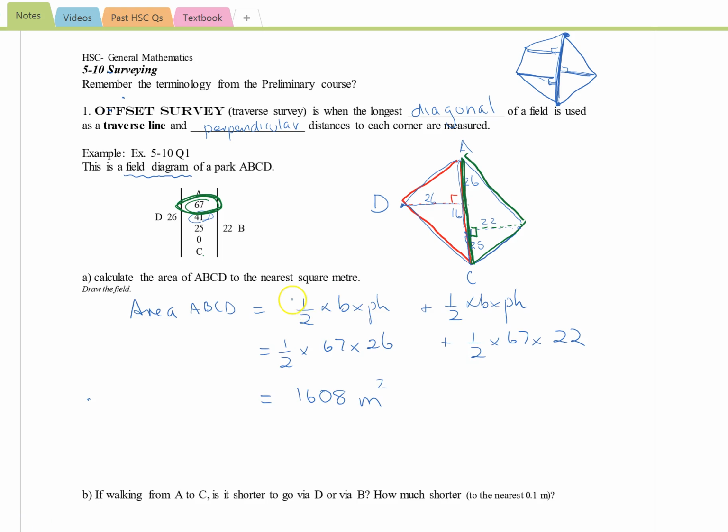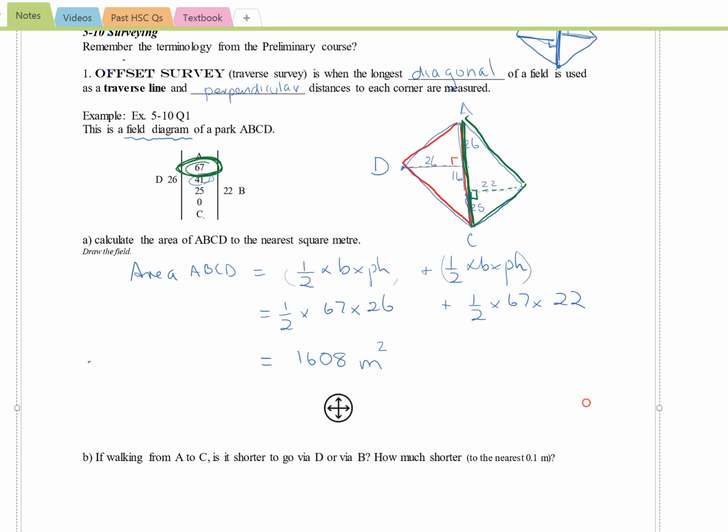The formula for the area of a triangle is half the base times the perpendicular height. So we've got half of 67, and the perpendicular height of the red triangle is the 26. It's perpendicular to the base. In the green triangle, the base is still 67, but the perpendicular height is this 22. Going to the calculator, you get 1,608.